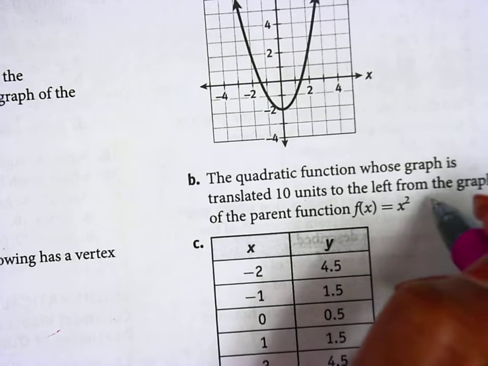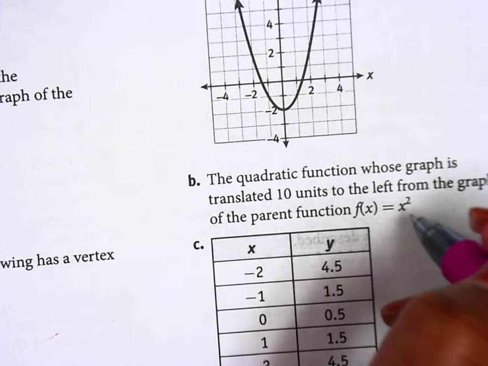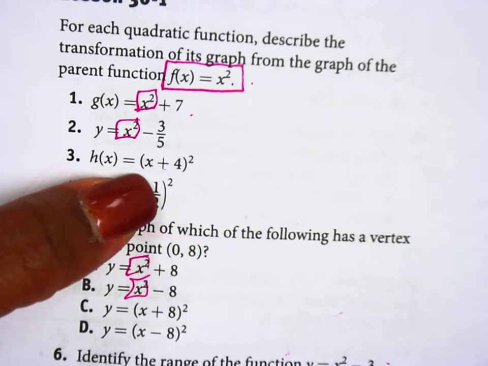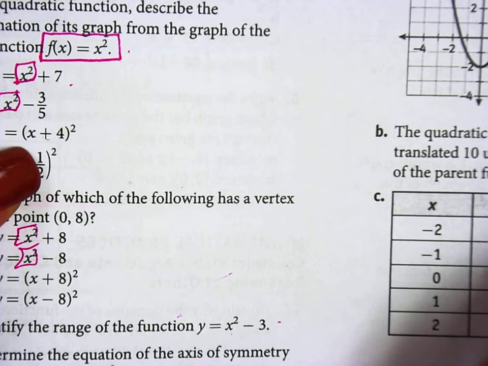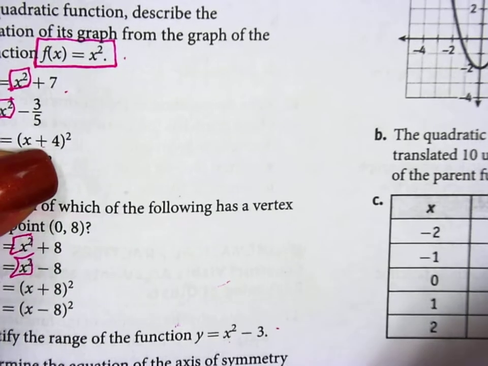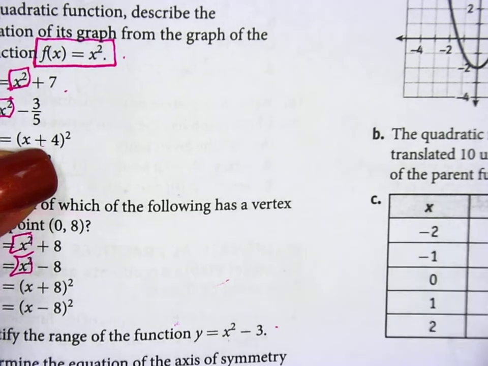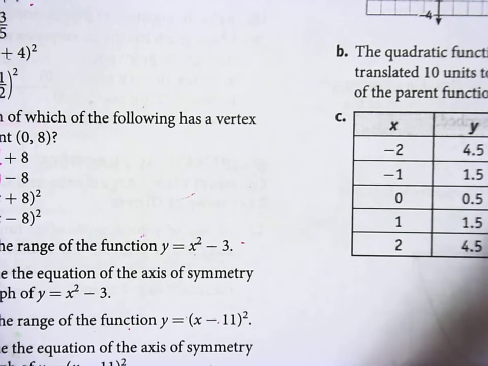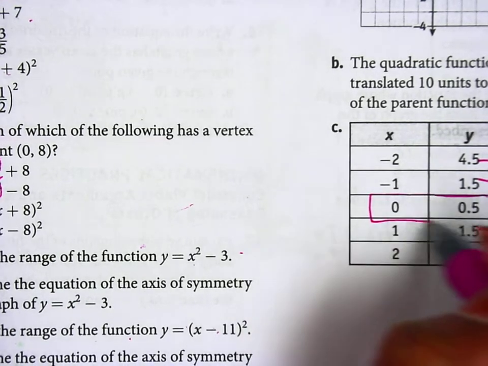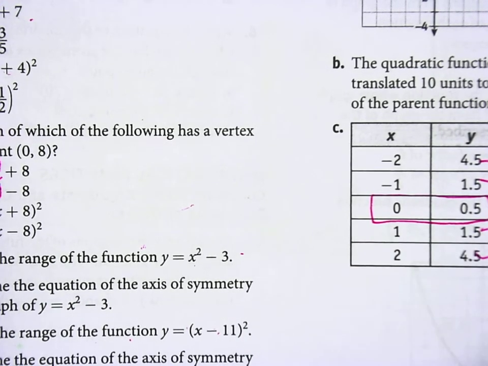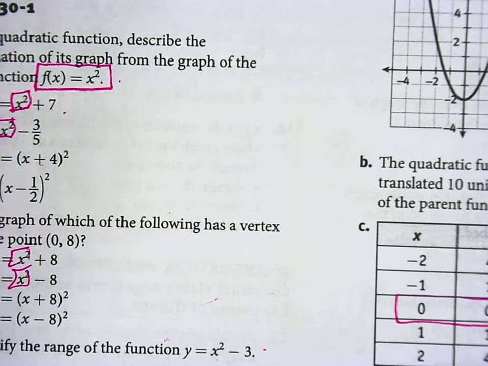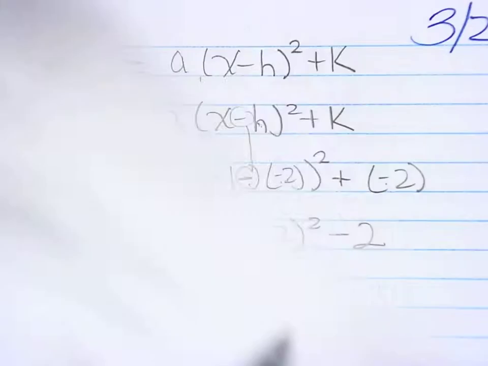This function is going to look something like number 3 on here, because this is going 10 units to the left. So just one thing would change in this equation to make the equation for B. I know this right here is my vertex, so I can determine what my a is just like I would do for 10 and solve. Look at the other videos.